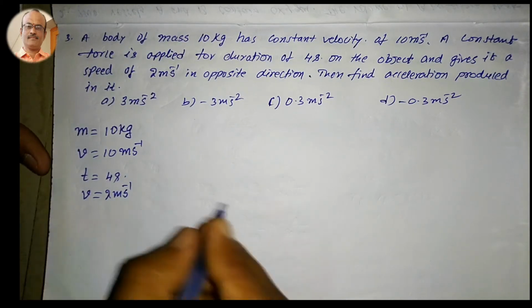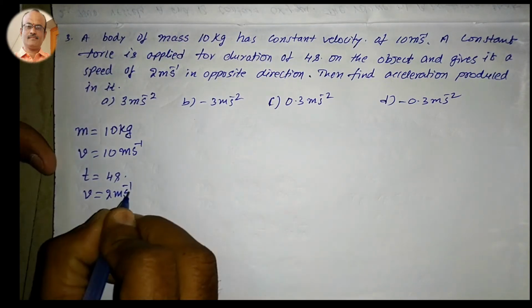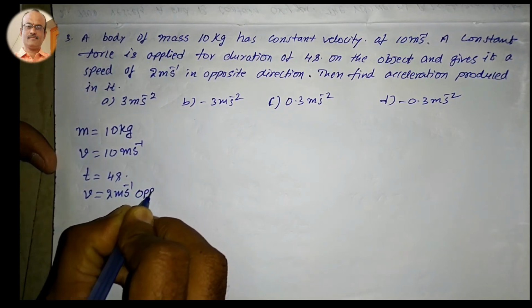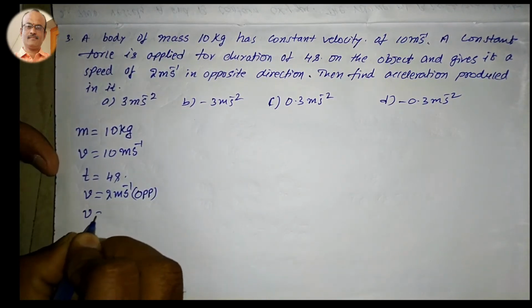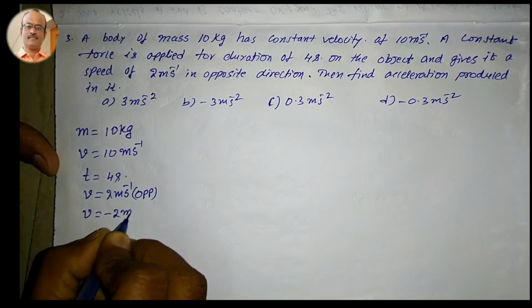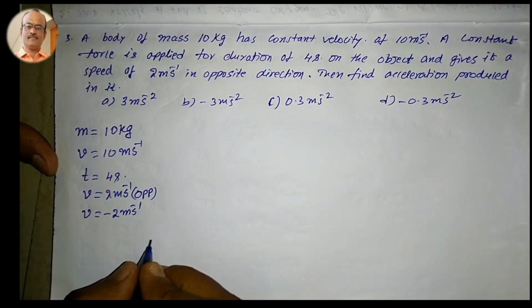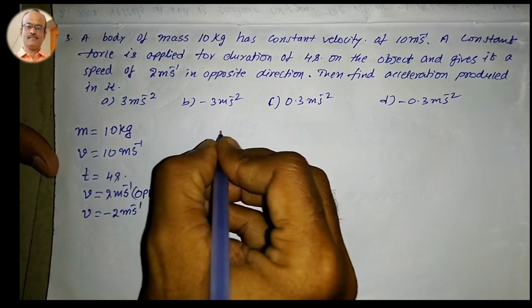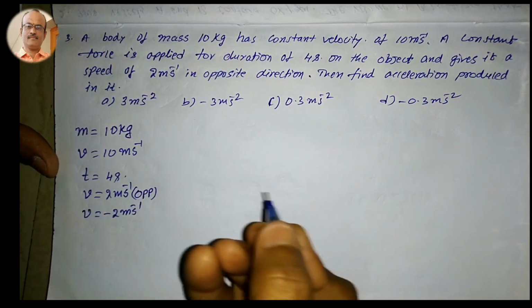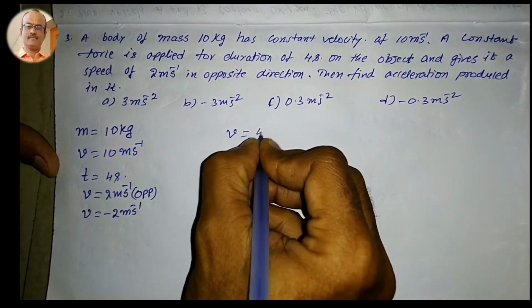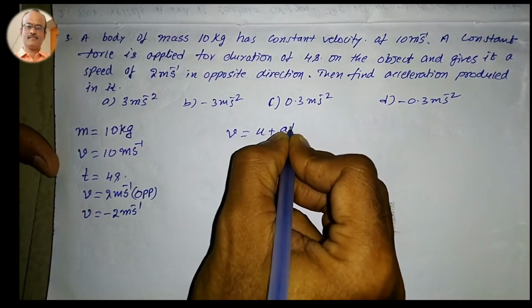This is very, very important content. This is the opposite direction, so v is equal to minus 2 meters second to the power of minus 1. Here we want to find the acceleration. We know the standard equation, v is equal to u plus at.